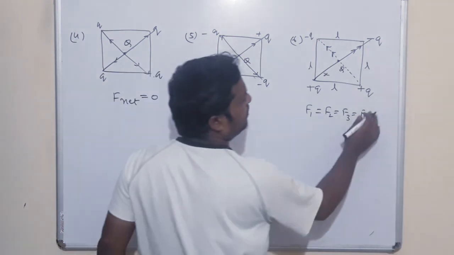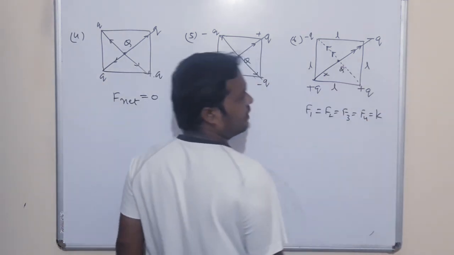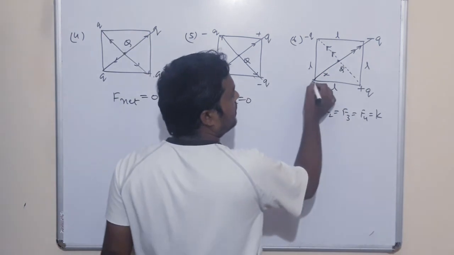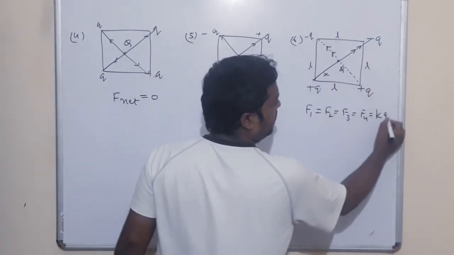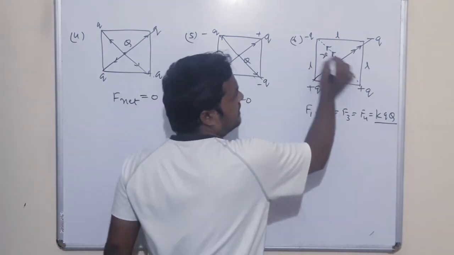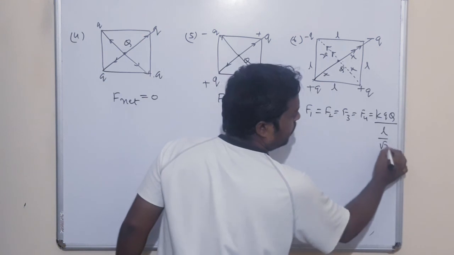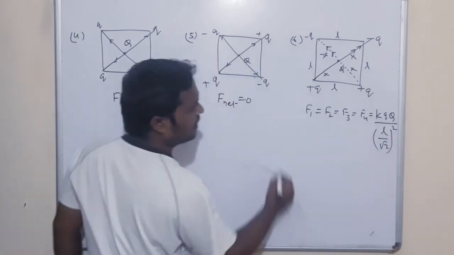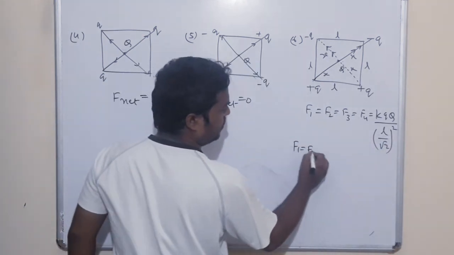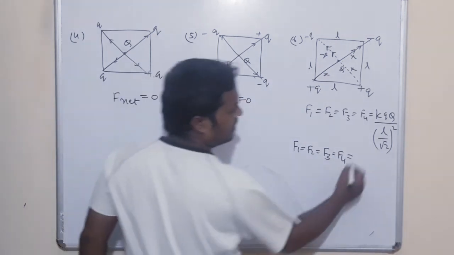All forces will be equal to k, 1 by 4 pi epsilon naught, small q into capital Q, divided by x square. This distance is x for all. x is what? L by root 2 whole square.